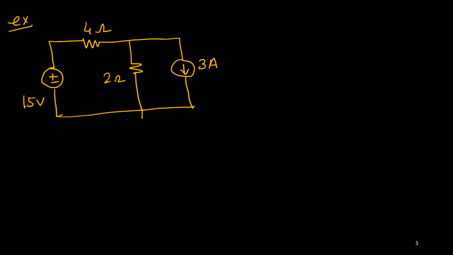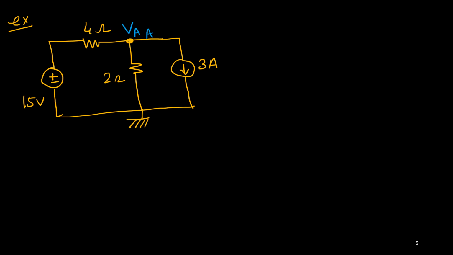That will be very easy, because if I consider this as the ground node, then this node potential is, suppose, VA. This is node A, and the node potential is VA.